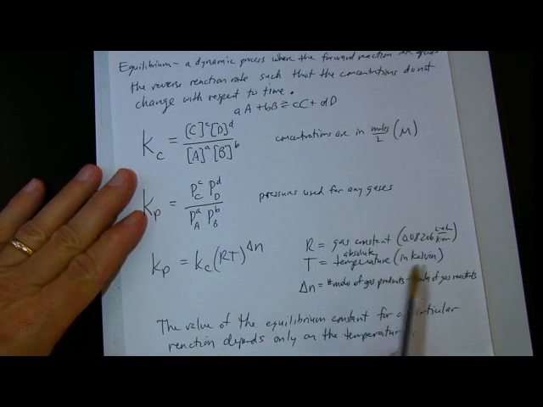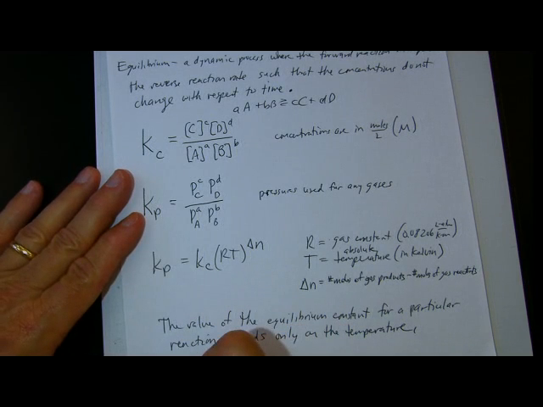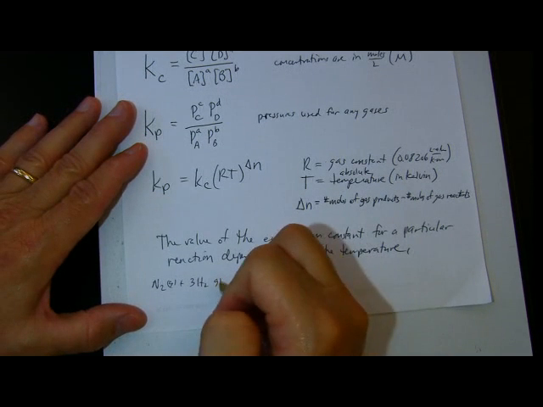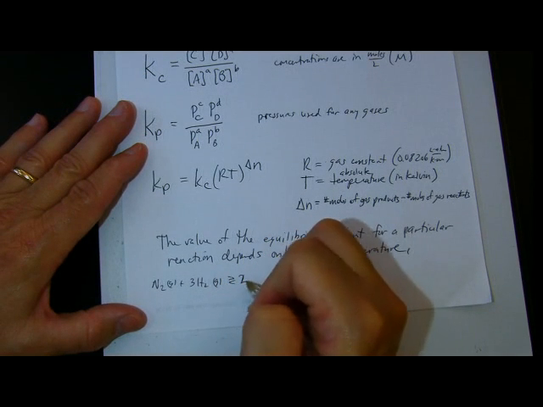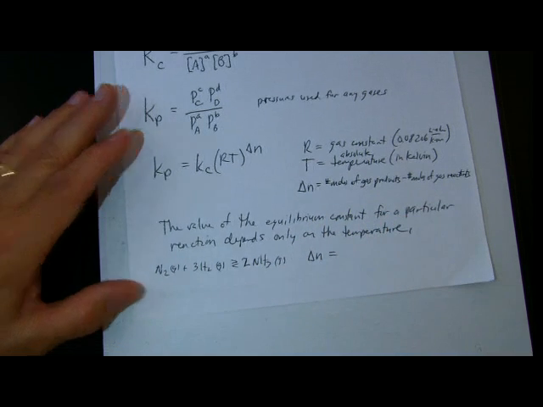Now, specific cases of delta N. All right, so let's say we've got nitrogen gas plus hydrogen gas goes to form ammonia gas. All right, what is delta N?